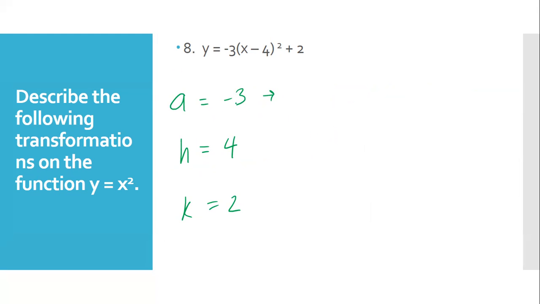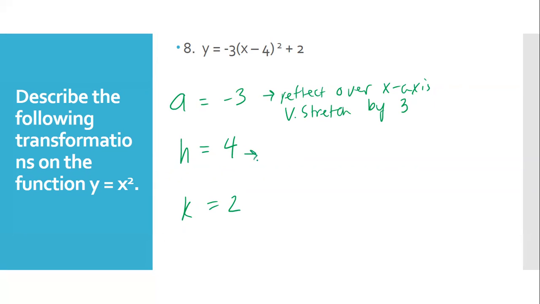The negative is its own thing. What does the negative mean? It's a reflection. So we reflect over the x-axis. And the 3 itself tells us that it's a vertical stretch by 3.